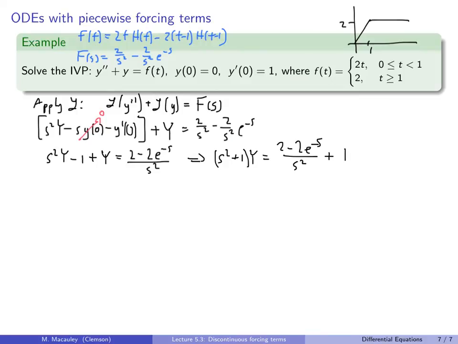Now we can solve for Y. Y of s is, dividing through by s squared plus 1 on both of these terms, 2 minus 2 e to the minus s divided by s squared times s squared plus 1, and then the other term is plus 1 over s squared plus 1.